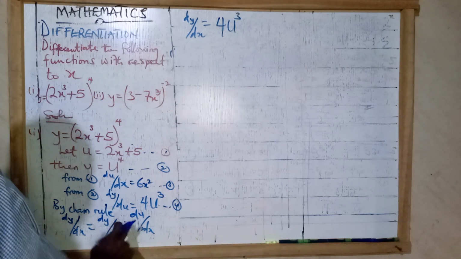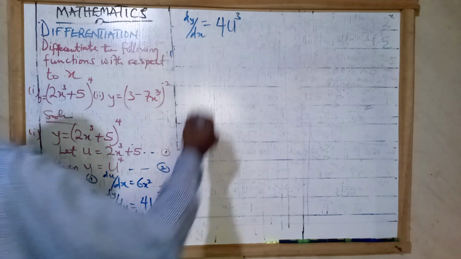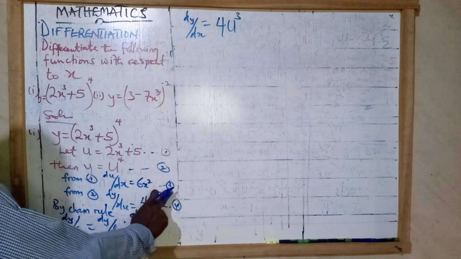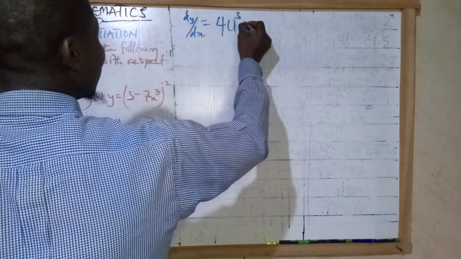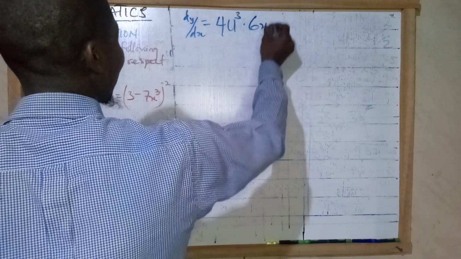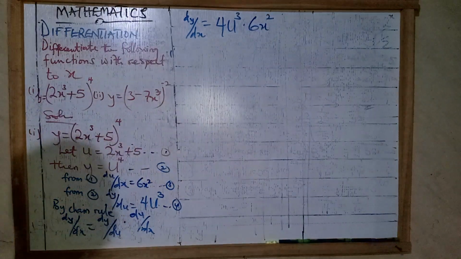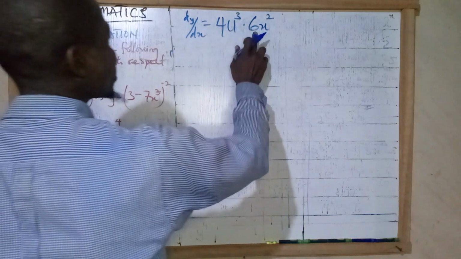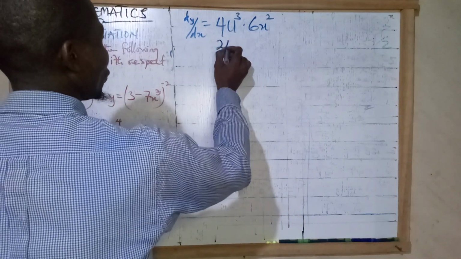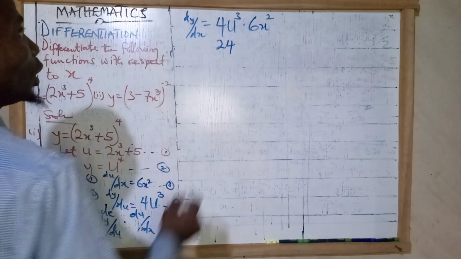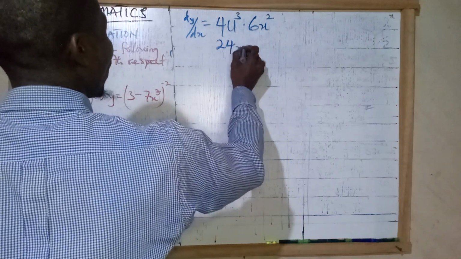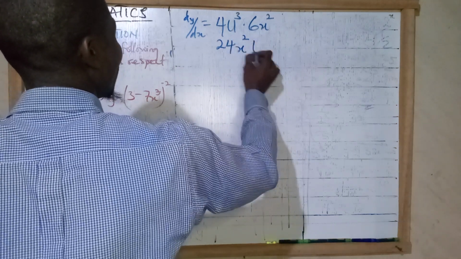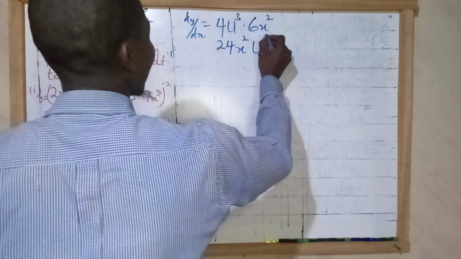Then times du/dx, in equation 3 gives us 6x^2. Okay, we just find the product of this. 4 times 6, 24. Now 24x^2 will come first, then later by u raised to power 3.